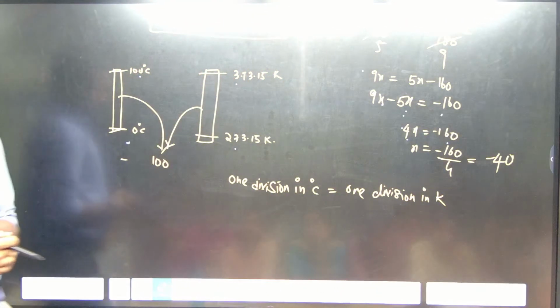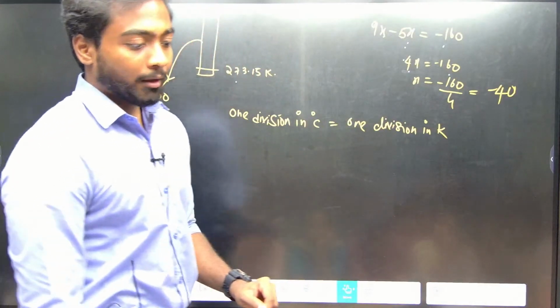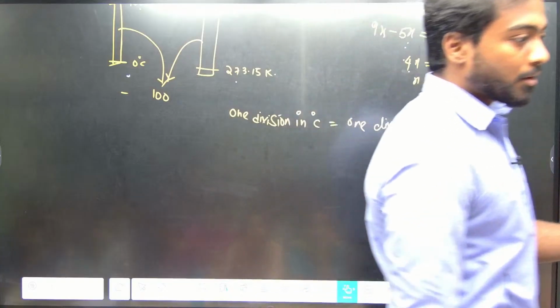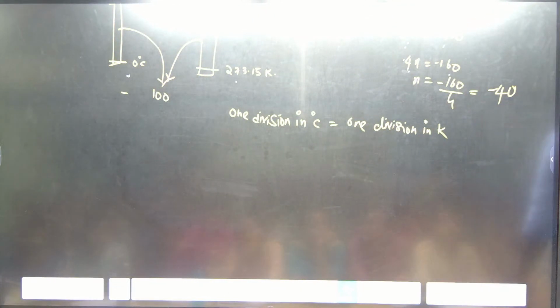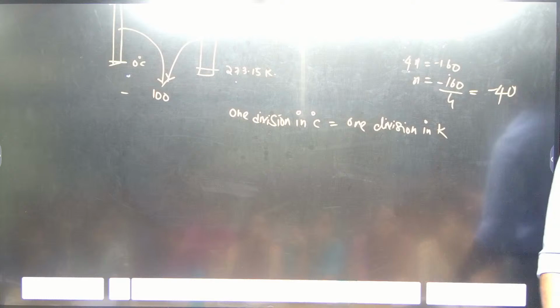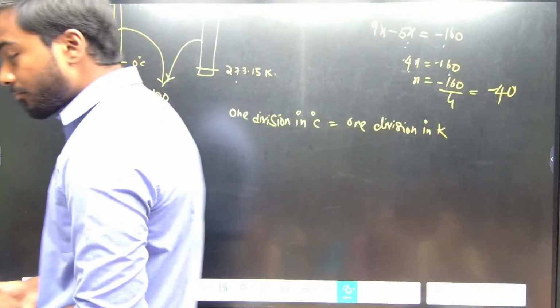Okay. Now the question arrives here. They are telling change in temperature by 10 degrees Celsius, change in temperature to 10 degrees Celsius. Getting the point? Change in temperature by 10 degree, change in temperature to 10 degree. What is the difference between them?